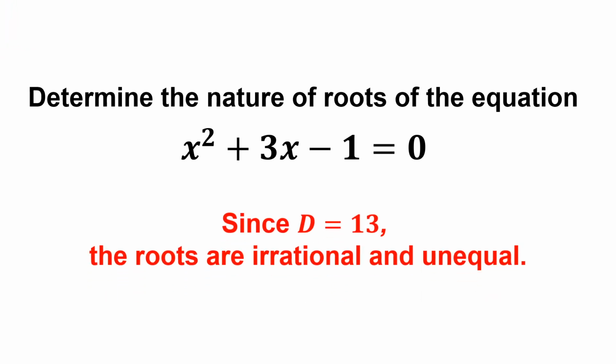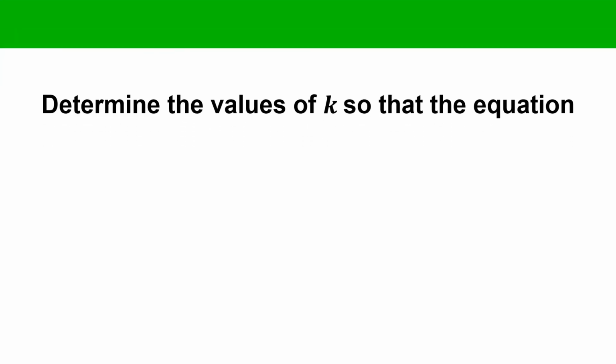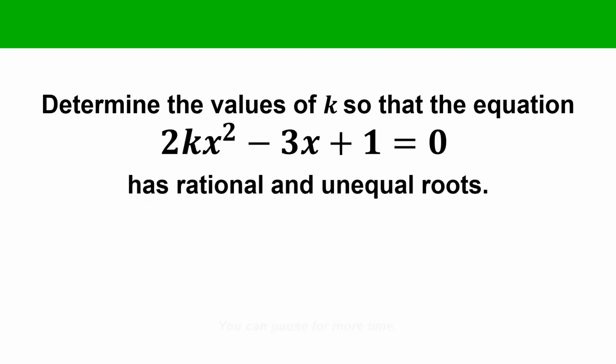Since the computed value for d is equal to 13, the roots are irrational and unequal. Determine the values of k so that the equation 2kx squared minus 3x plus 1 is equal to 0 has rational and unequal roots.